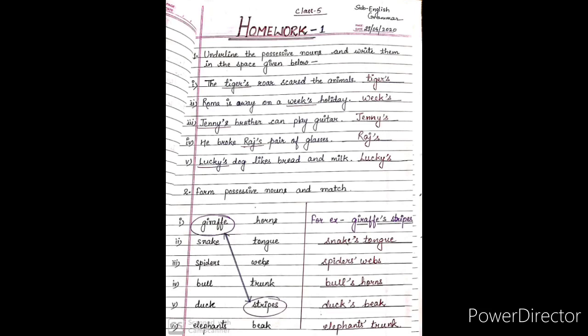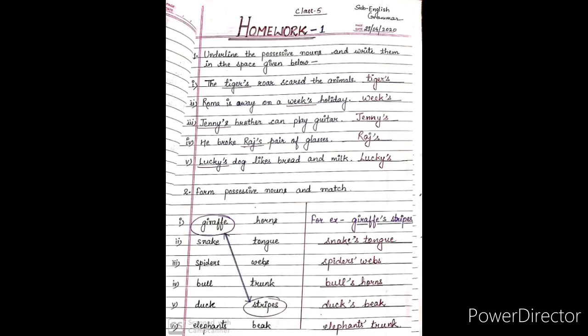Jenny's brother can play guitar. Over here the possessive noun is Jenny's. He broke Raj's pair of glasses. Over here the possessive noun is Raj's. Lucky's dog likes bread and milk. Over here the possessive noun is Lucky's. So you have to underline the possessive noun and mention it in the blank given.